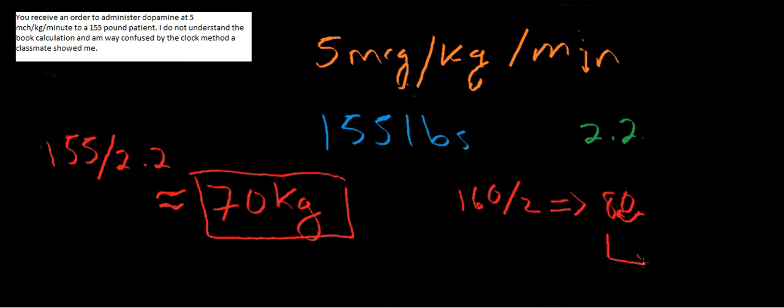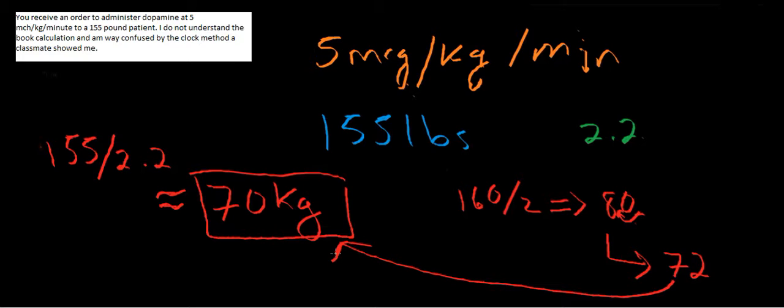If we subtract 8 from 80, we get 72, which is definitely close to 70. So that's another way of doing it.